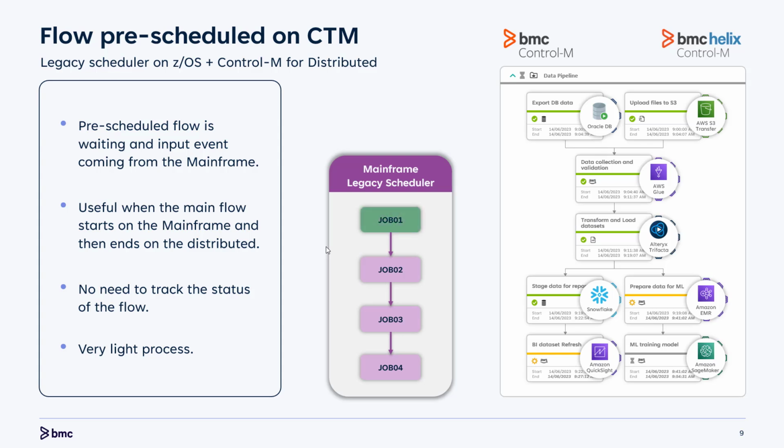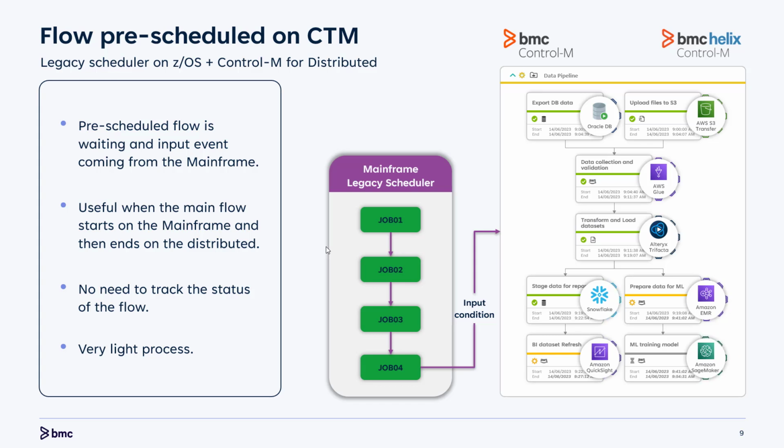So job 1 will be executed, then job 2, then job 3, and job 4 is in charge of adding the input condition or input event that the data pipeline workflow is waiting for. We are doing this using the automation API.